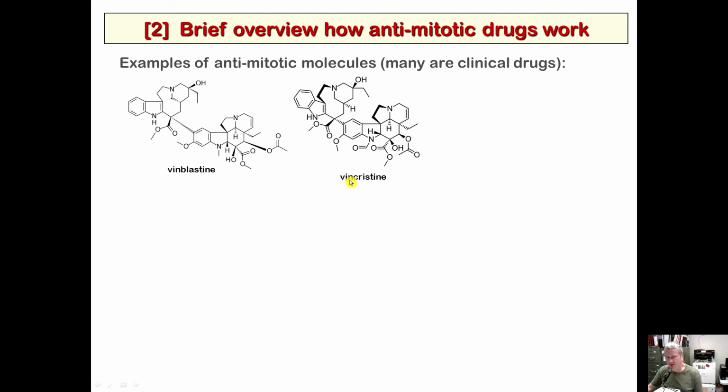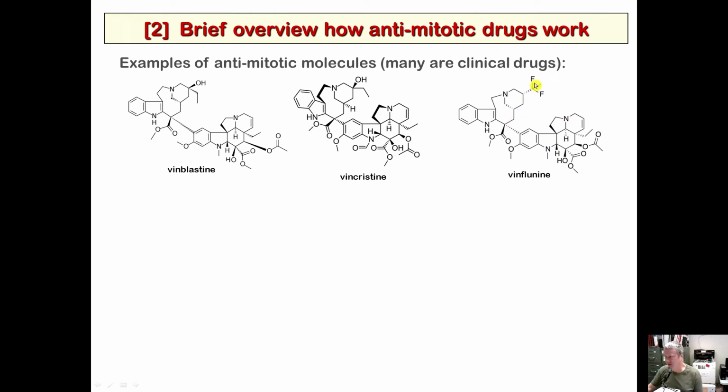Vincristine is another very complicated molecule with also these indoles and a very complicated structure, a lot of chirality, dense chiral centers. So a lot of the early organic synthesis accomplishments were molecules like this. Vinflunine is another one that also has a dense collection of chirality and a lot of interesting rings and macrocycles.